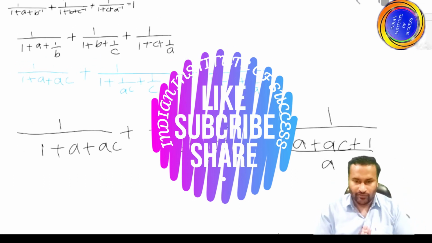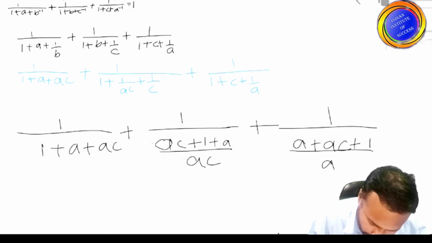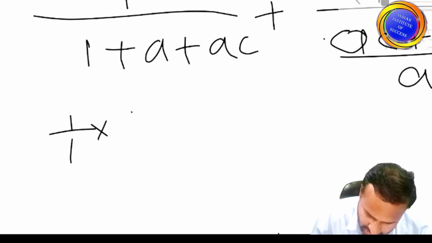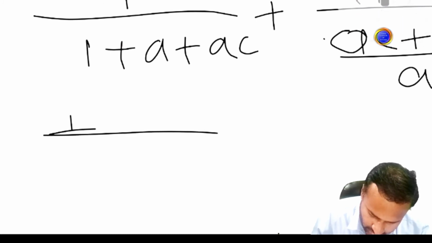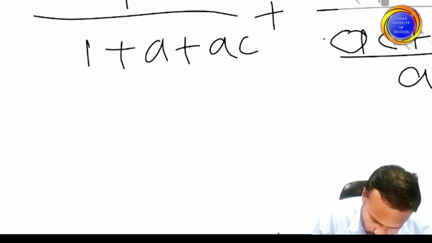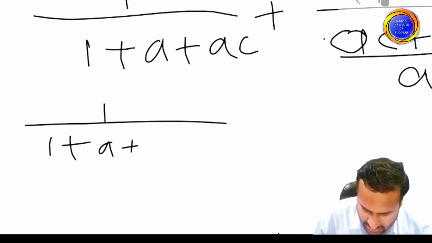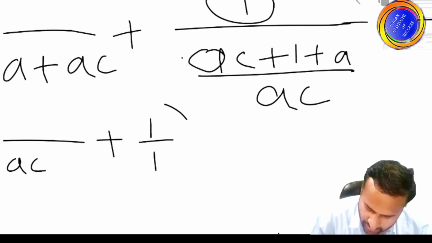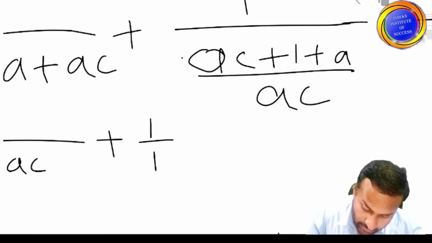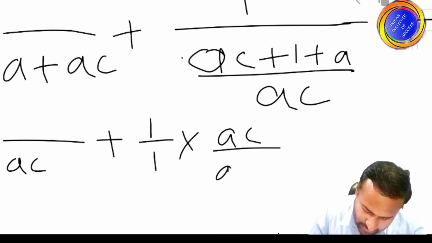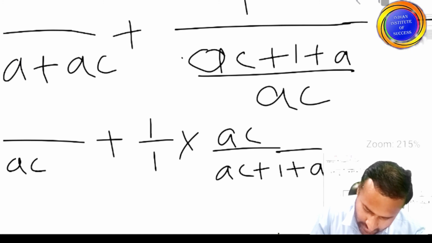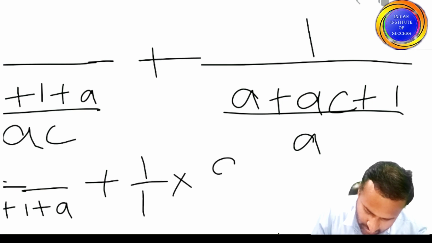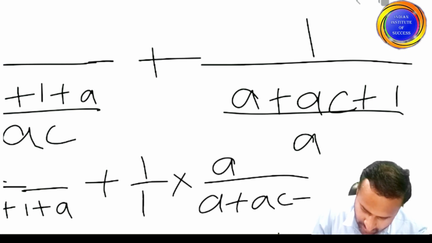Now students, we have to maintain it in this way. It is easy, it is simple: 1 upon 1 plus a plus ac here. Then for this one we multiply, ac will go upwards, ac plus 1 plus a is there. Then once again this one can be written in this form, a will go upwards, a plus ac plus 1.